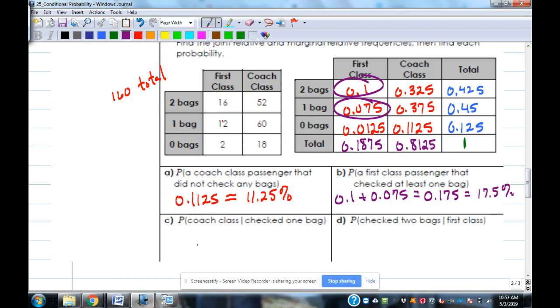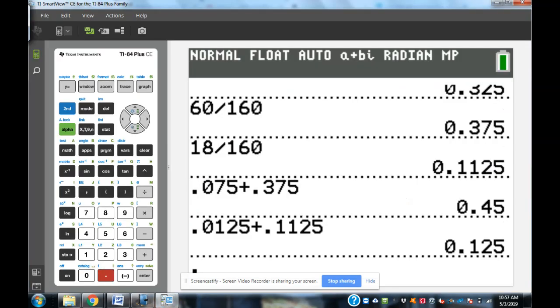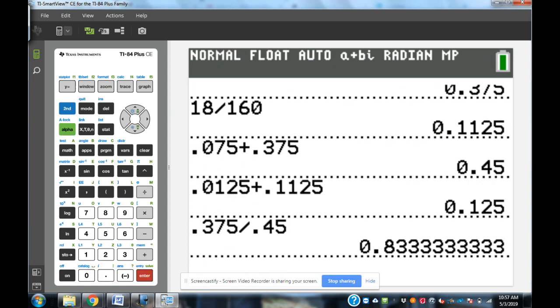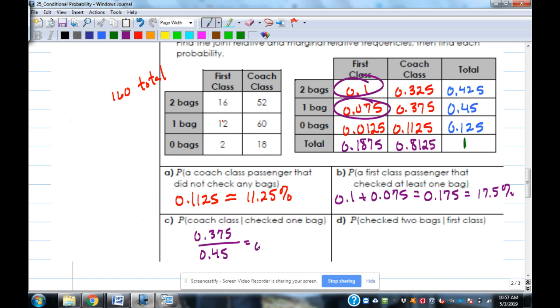So that'd be 0.375 out of the 0.45. 0.375 divided by 0.45 is 0.83 repeating, which is 83.3%. So again, either the decimal or the percentage. I don't care which one. I'm not going to be too picky about that. If it's a multiple choice situation, be able to recognize whichever one's there.